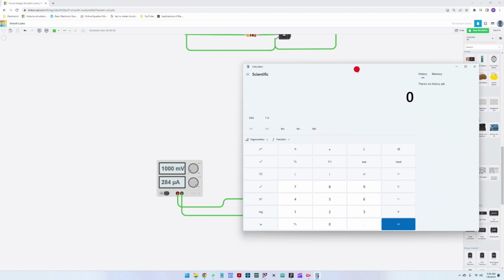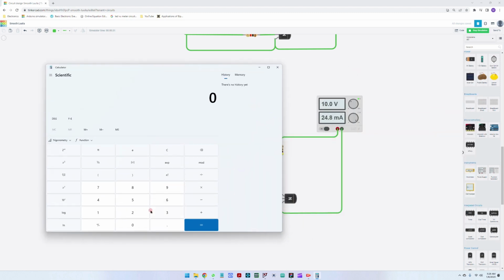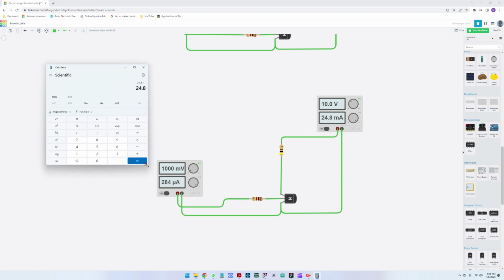So let us do a small calculation. So 24.8 milliamps divided by 0.284 milliamps, the component at the moment has an amplification of 87.3.